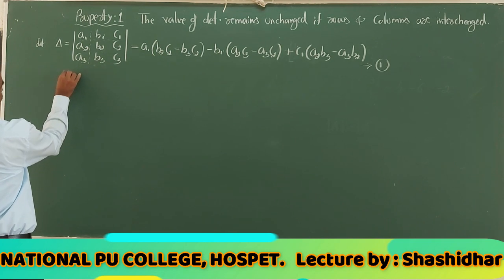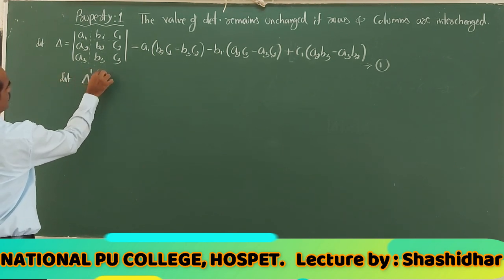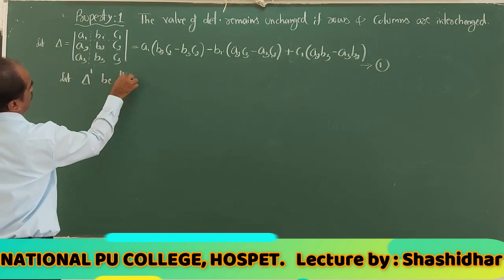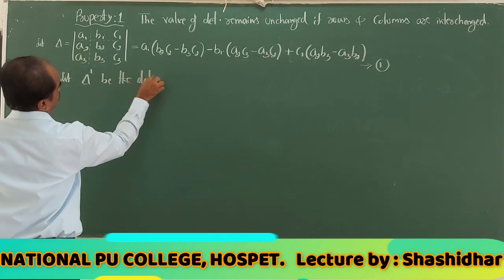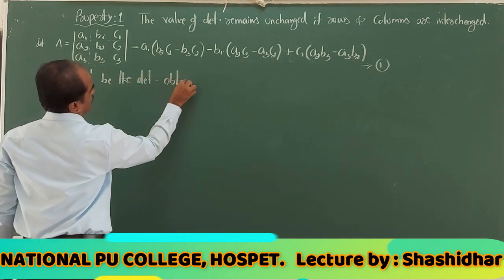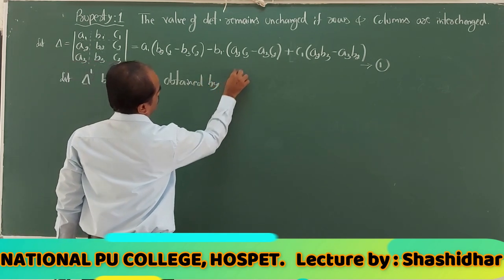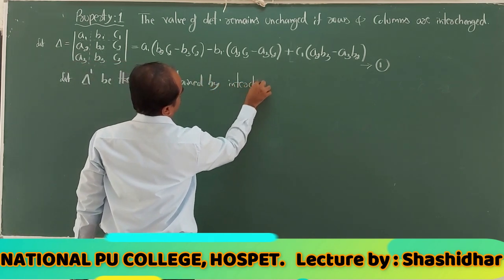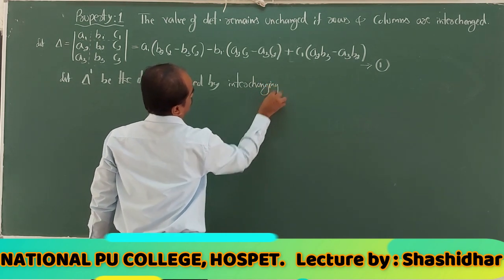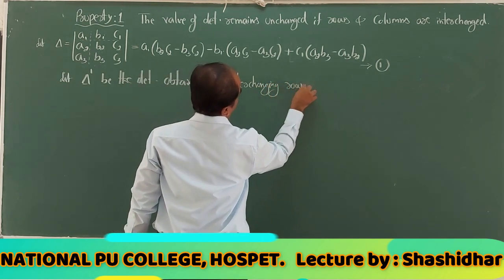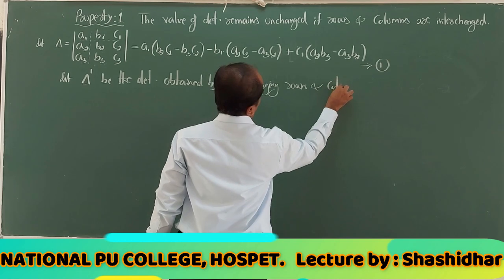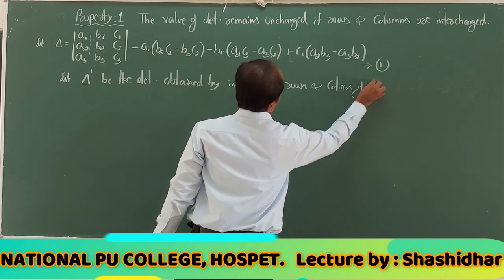Now let delta dash be the determinant obtained by interchanging rows and columns of delta.